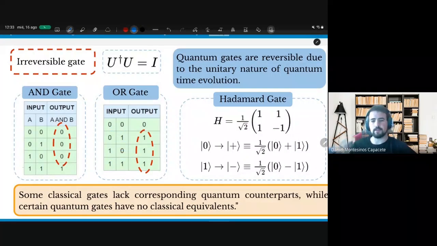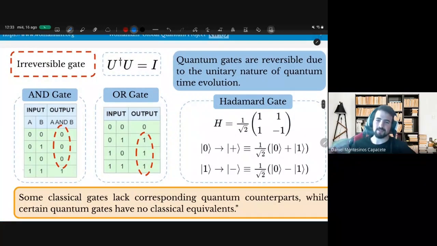So why is this a problem? Remember that in a quantum system the evolution is given by a unitary operator. This relationship is just saying that the self-adjoint operator is the inverse operator of your original operator.